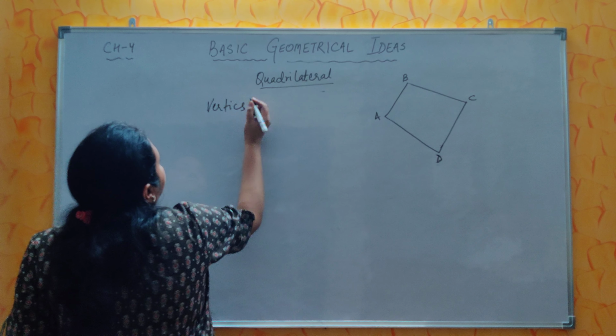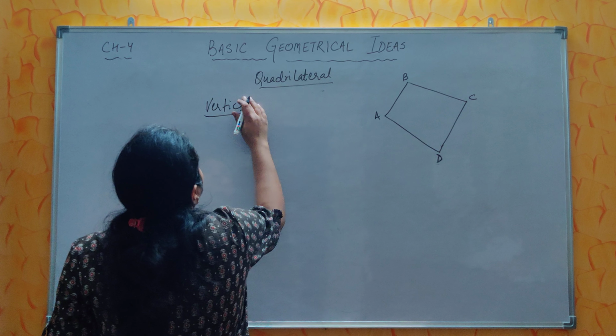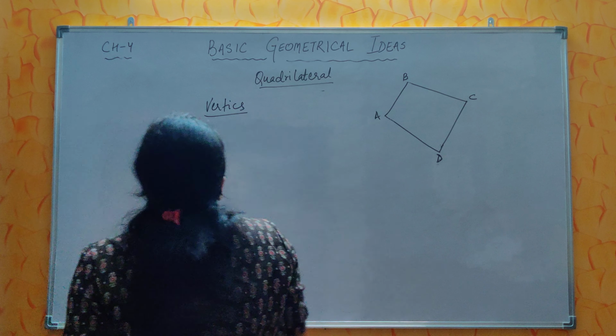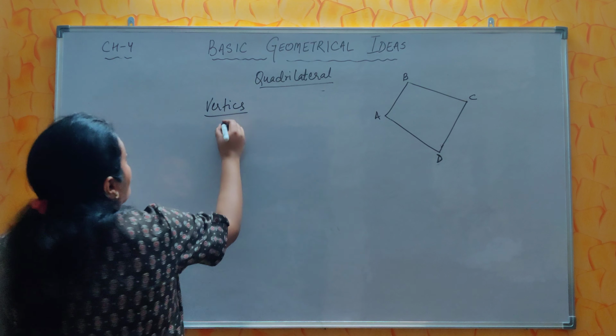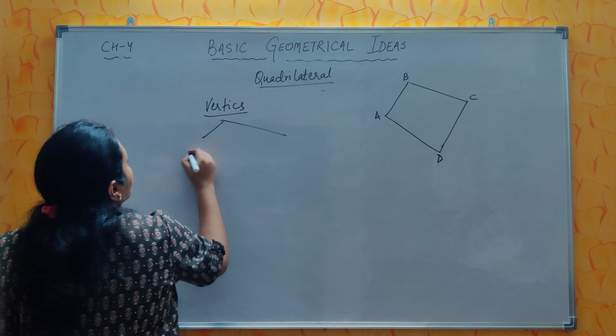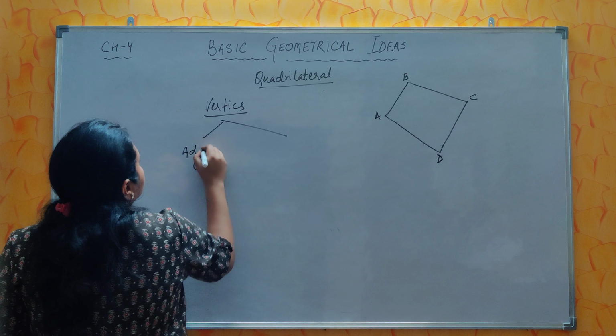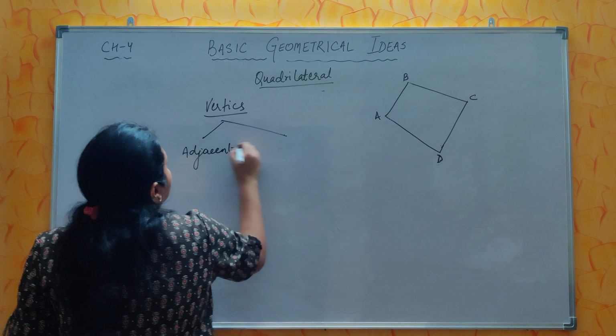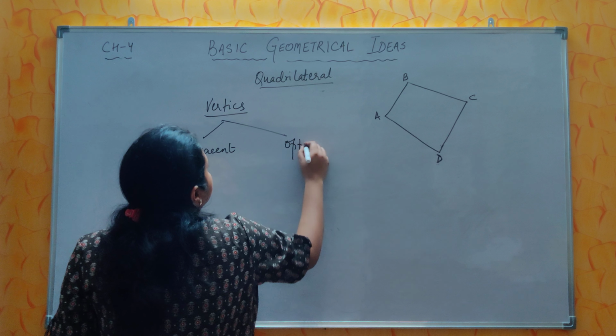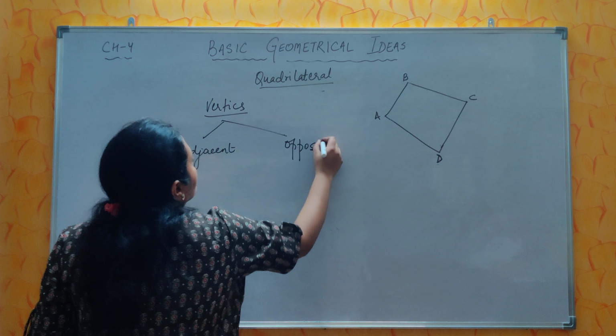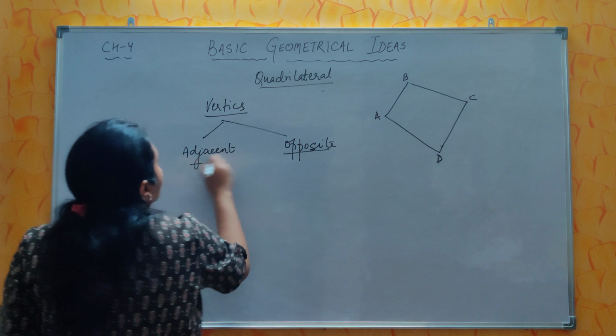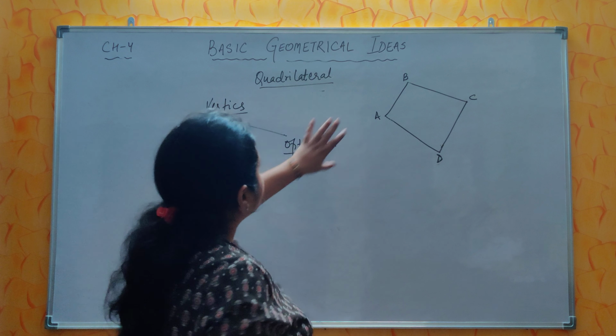Vertices are also of 2 types: adjacent and opposite. What are adjacent vertices?